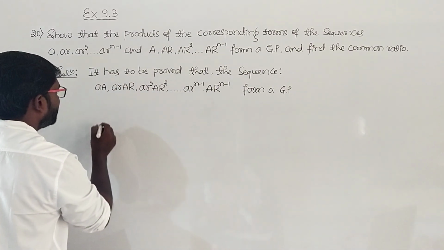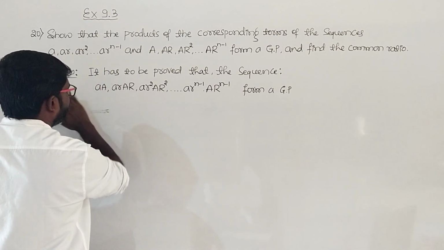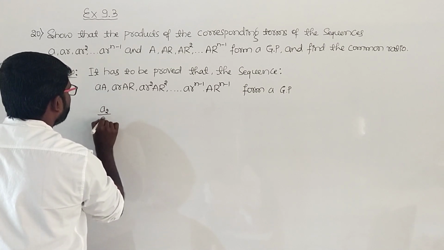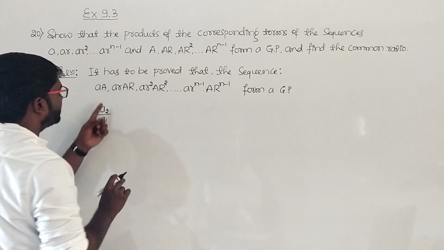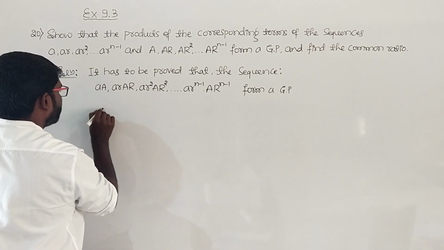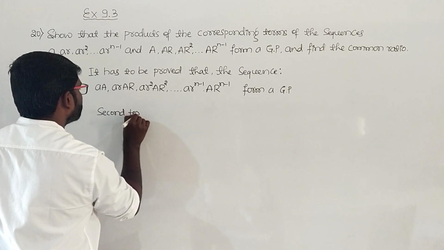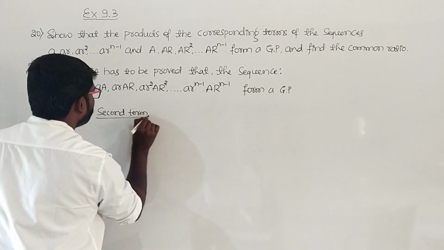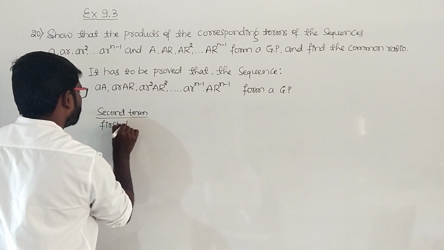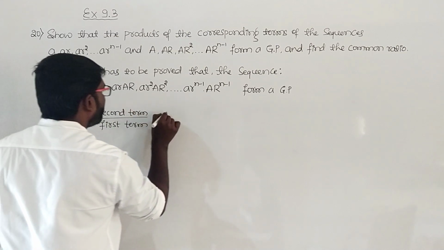So here I will go for the second term, or directly I will take A2 by A1. Here he has used small a and capital A. Let us not write this, write in words. Second term divided by the first term, which is equal to, what is the second term?